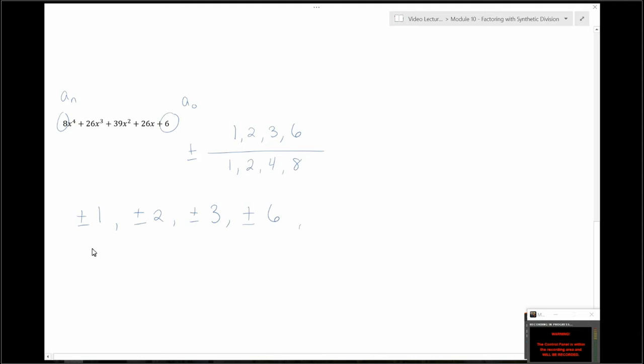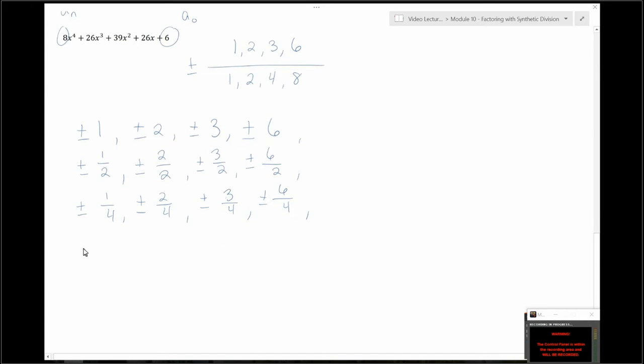Now I'll switch to the next one. This is 1 divided by 2, 2 divided by 2. We'll deal with this in a moment. We'll just go ahead and get them all written down first. All of the combinations. So now we'll divide by 4. And finally, we'll divide everything by 8. So you can see here as I'm writing, there are a lot of combinations this time.